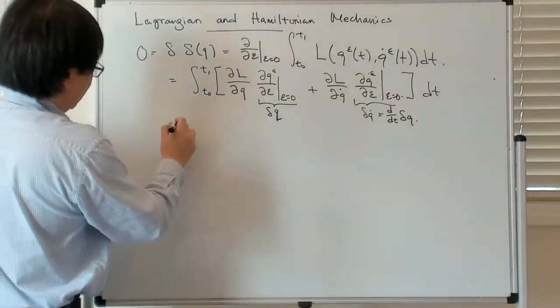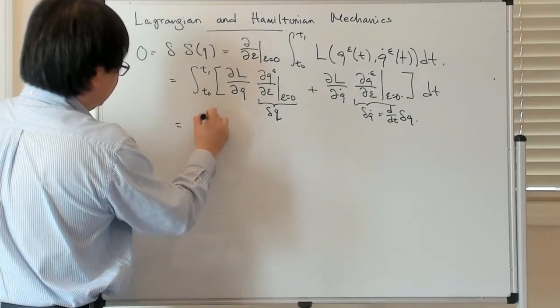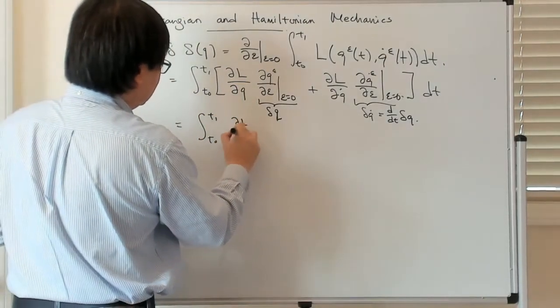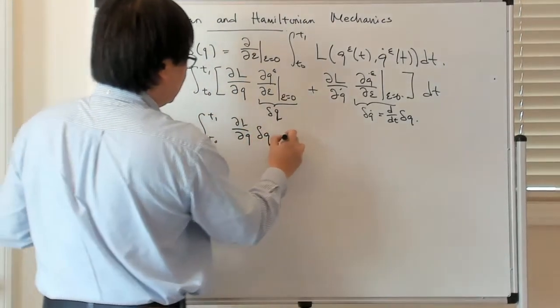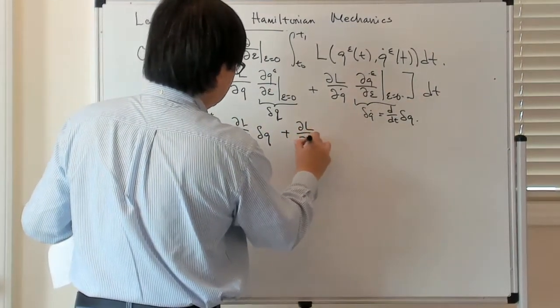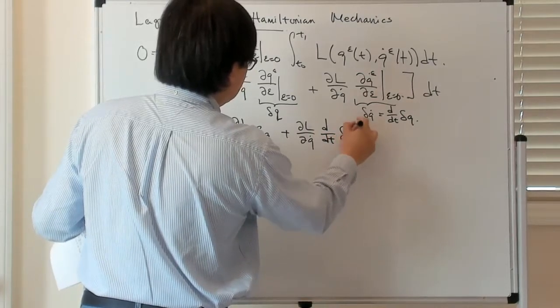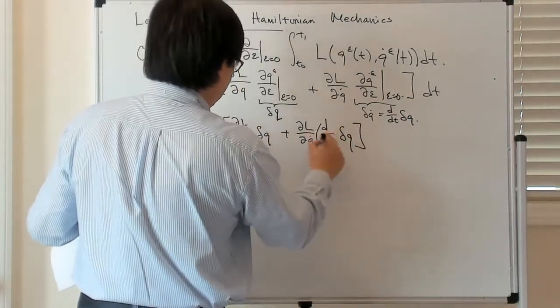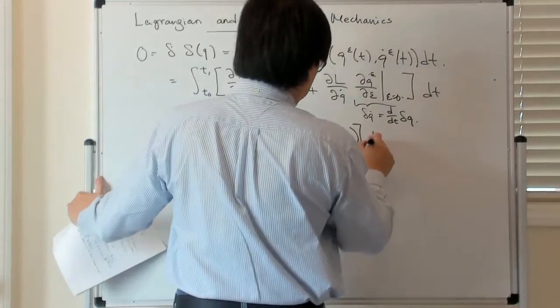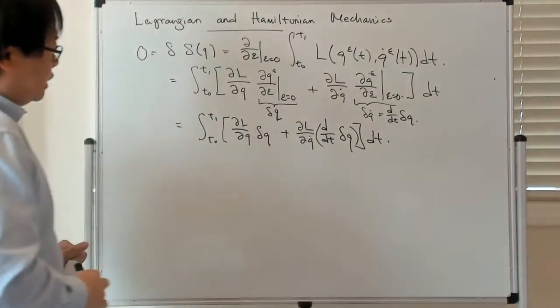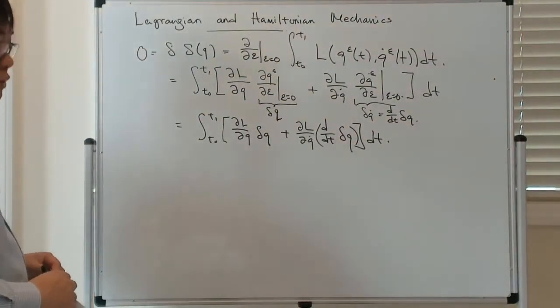Let me write this down in a slightly simpler form. You get dL/dq times the variation of q, plus dL/dq dot times d/dt of the variation of q, the whole thing integrated with respect to time. The next thing you want to do is an integration by parts.